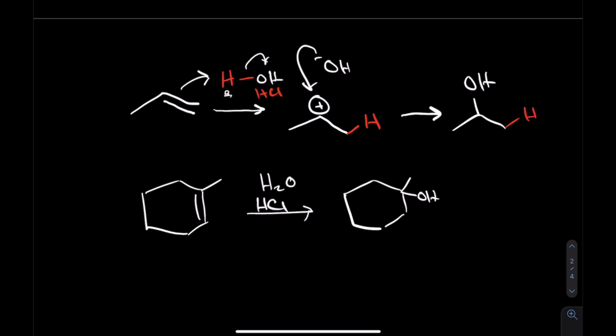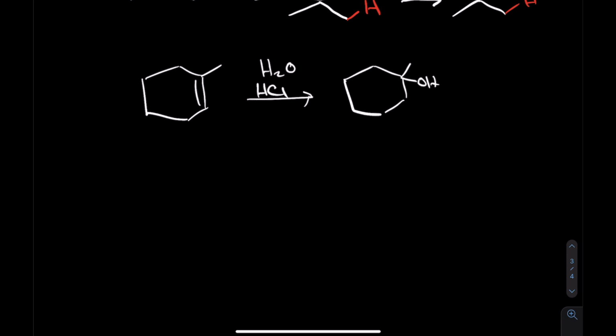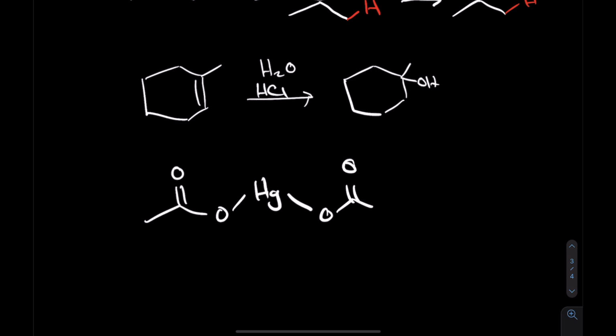If acid's not enough, if mineral acids are not enough, you can turbo boost this reaction in something called an oxymercuration. And a common reagent, you definitely don't want to drink, no matter how thirsty or bored you may be, is this. So we put a little mercury right there, and we get that right there.